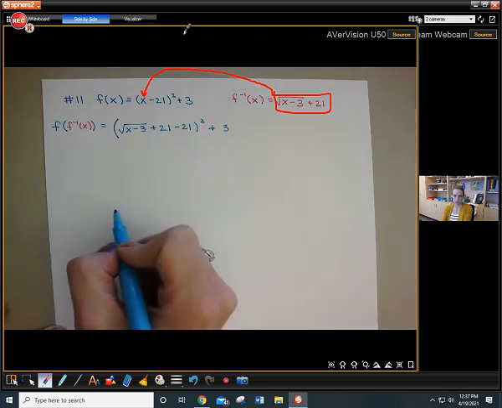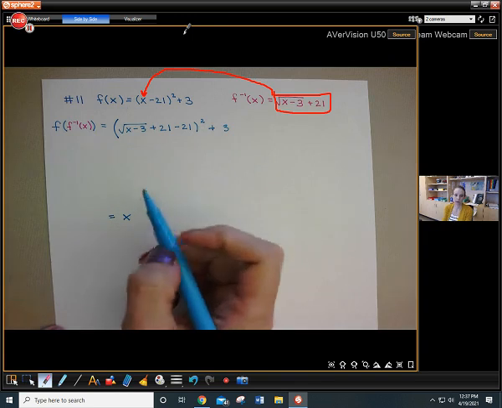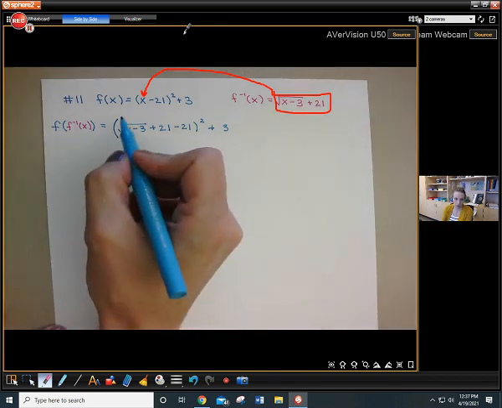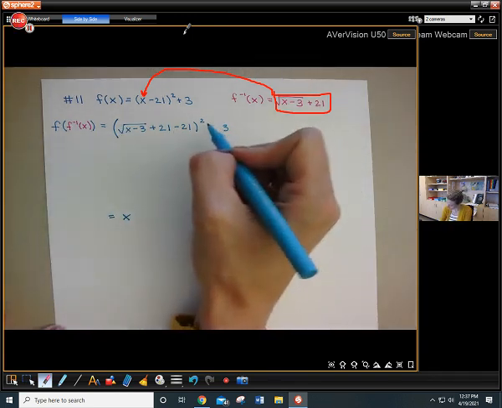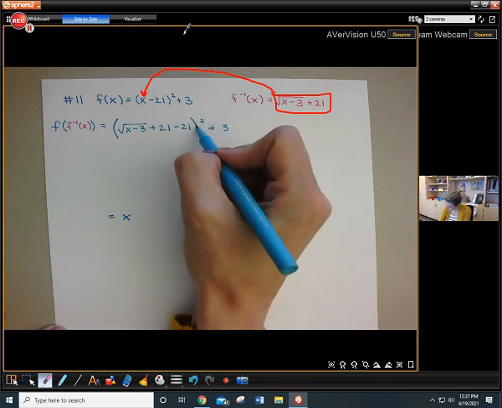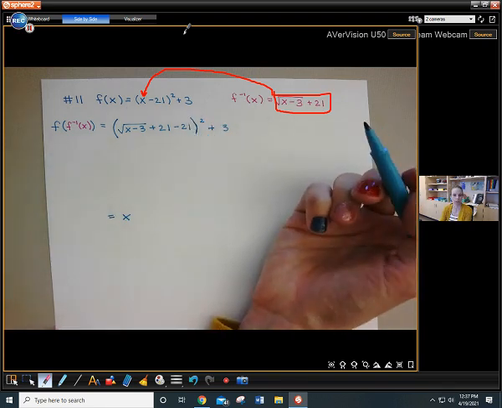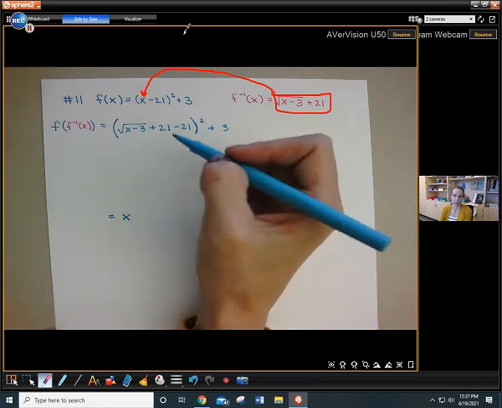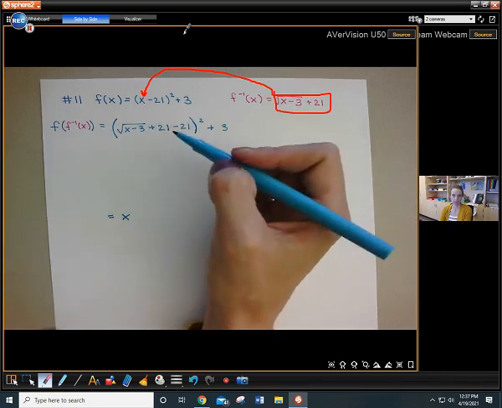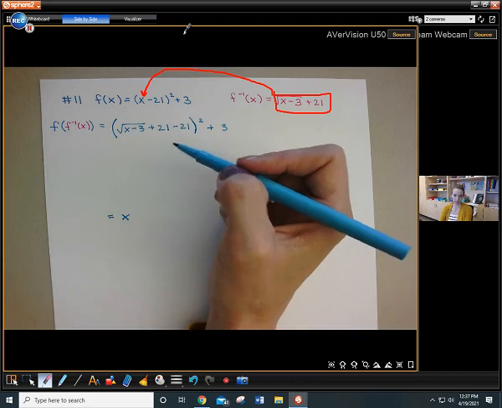All right, so if you do this correctly, you should get just an x down here. I just need to make sure I closed the parenthesis. Should have made that bigger. So now it's all about can you correctly cancel out in the right steps?